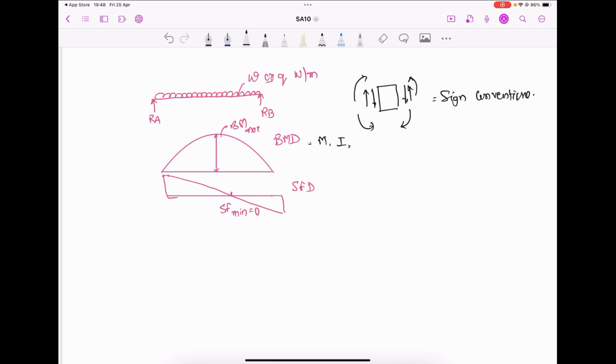And at this particular point, let us say, bending moment is maximum. That is M is maximum. I is known. Then that particular shape, let us say it is a rectangular shape.